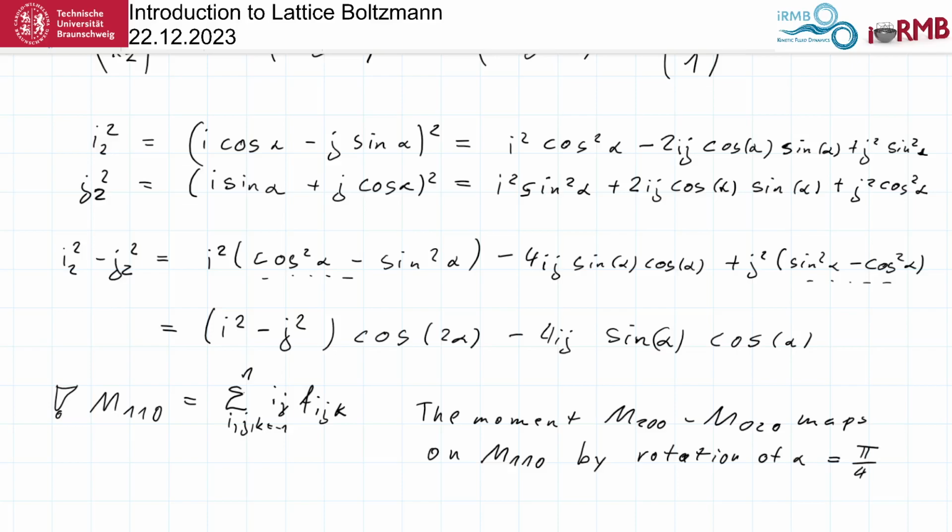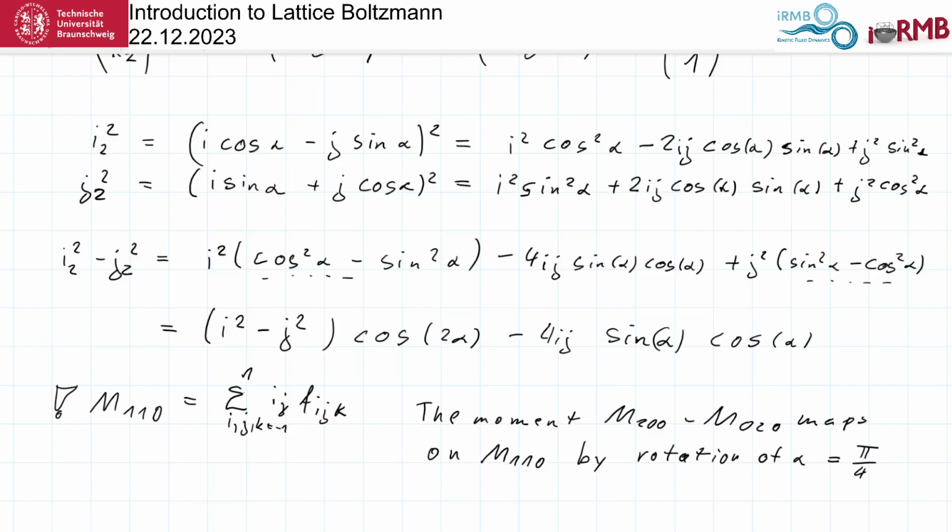Sometimes m200 minus m020 is called stretching, and m110 is called shearing. And what you should now observe is that if the isotropic part is taken out, then stretching and shearing are the same thing. They just differ by a rotation about the coordinate axis.